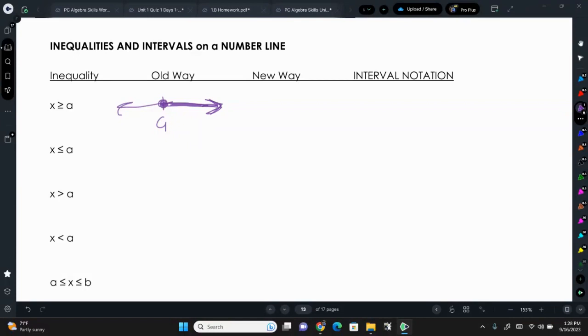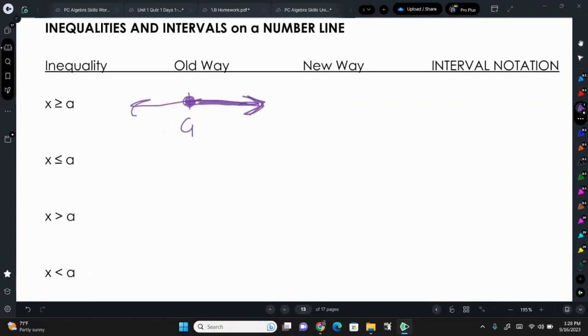Now, if x is by itself, or if your variable is by itself on the left side, the arrow of the inequality sign tells you which way you're going to graph. Again, it's only true if you have the variable by itself and on the left side.